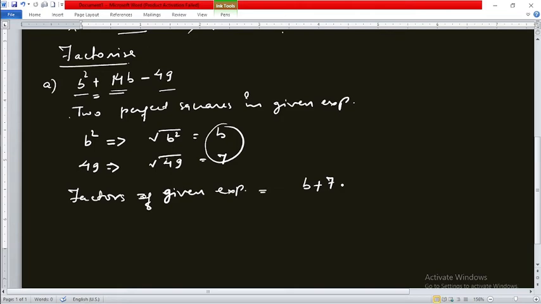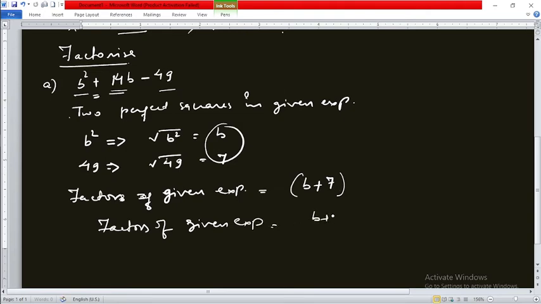Now next, once you have b plus 7, this is one factor, and then the remaining factor will be what? Repeat this one. This is giving you the first factor, and it is only one factor. So here you will write the factors of the given expression. What will be the factors?